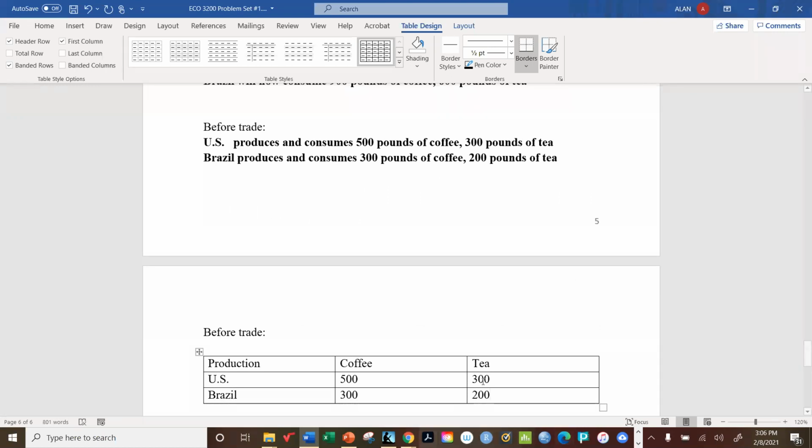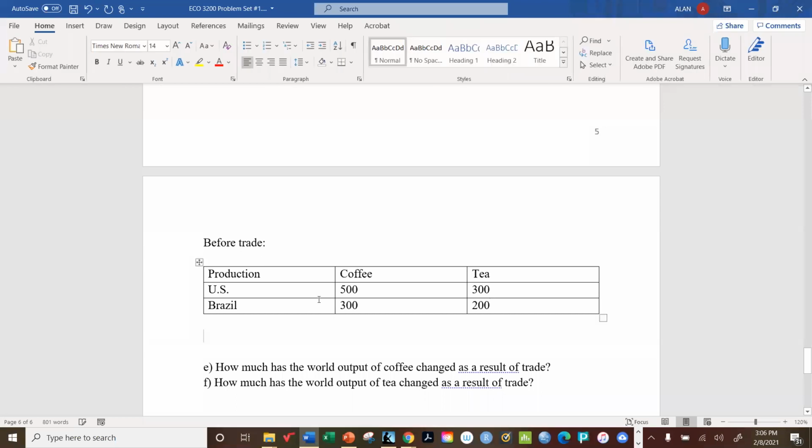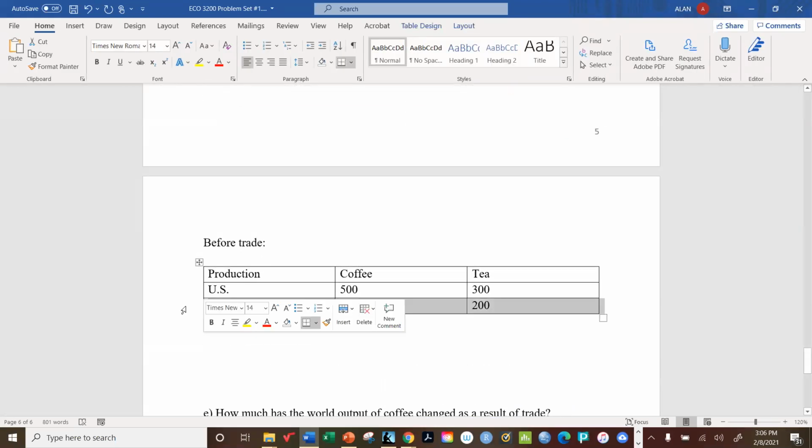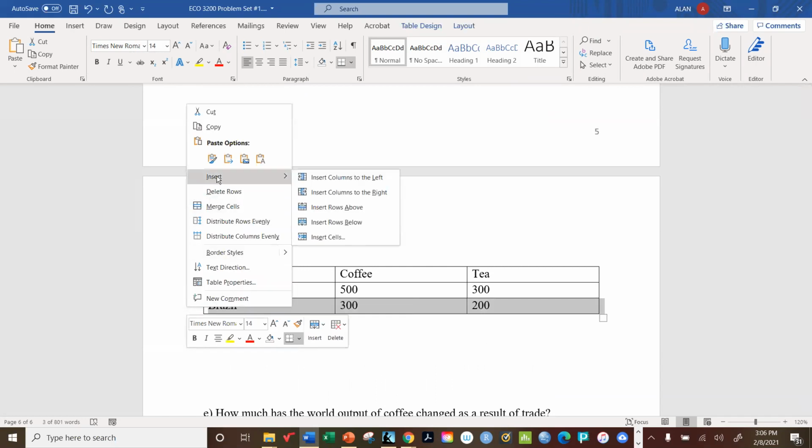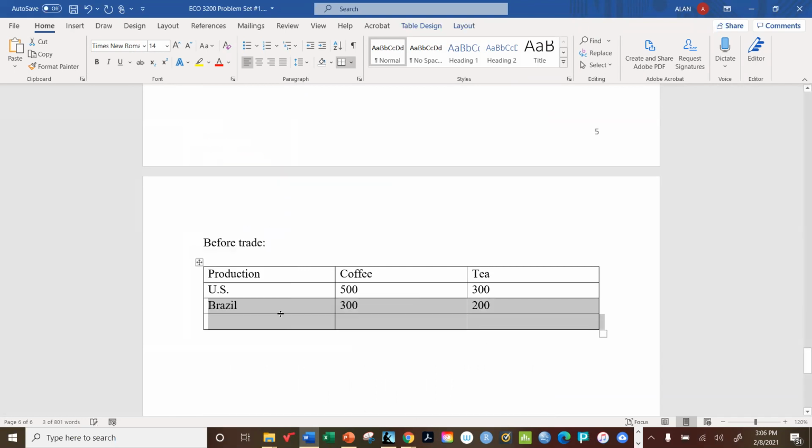But now we need the totals. Okay, because we want to compare how much world output changed as a result, as well as consumption.